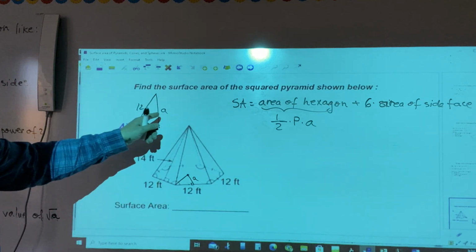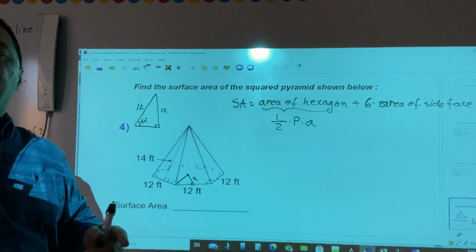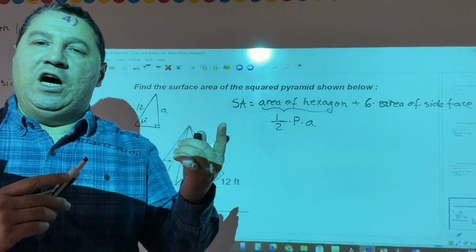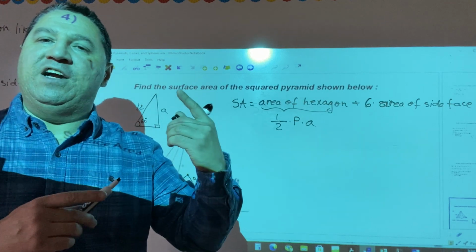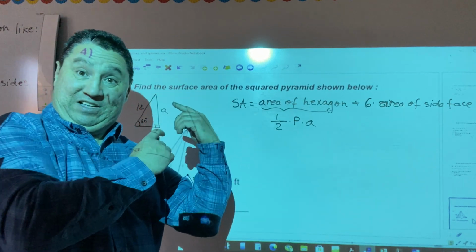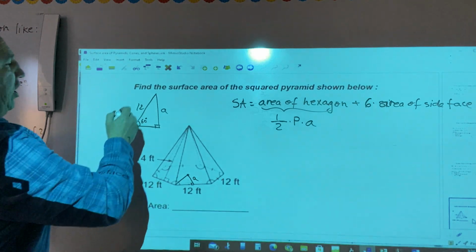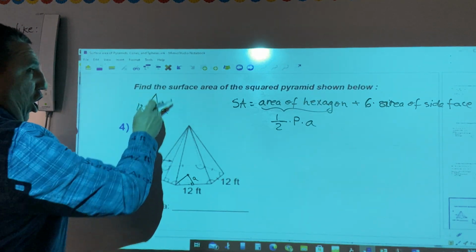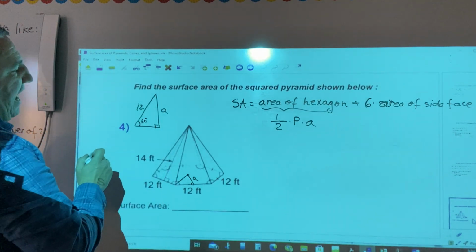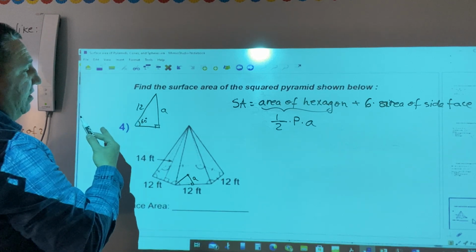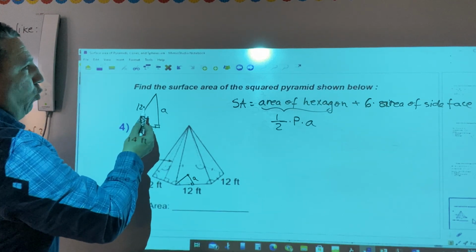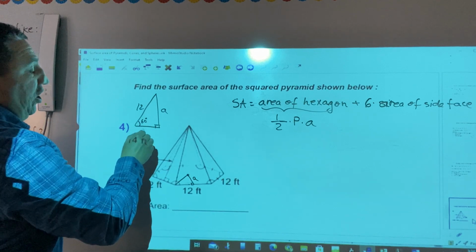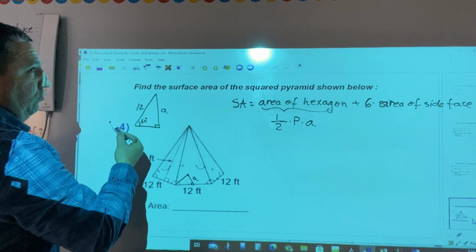Now, to find A, we use the formulas that we know for a 30, 60, 90 right triangle. Now, this is the longest side, and the longest side is the shortest side times square root of 3.